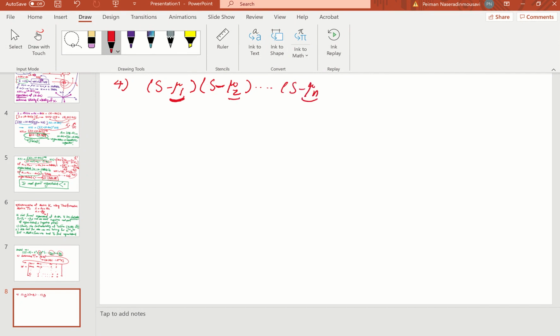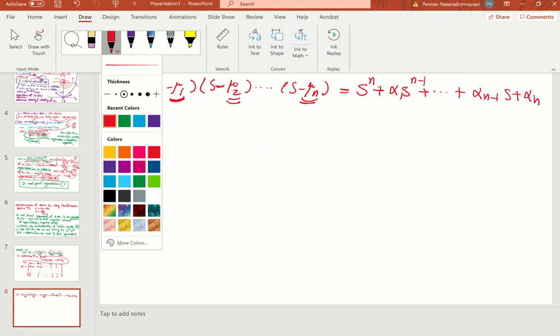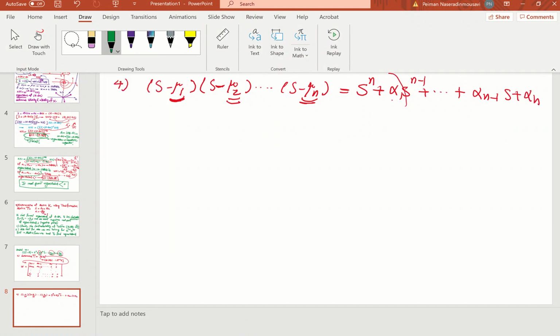These are given based on you. I'm going to teach you in the example. This gives you alpha 1, not A1. If you multiply the polynomial, it gives s^n plus alpha_1 s^(n-1) plus ... plus alpha_(n-1) s plus alpha_n. So you have to determine these coefficients, alpha_(n-1) and alpha_n.